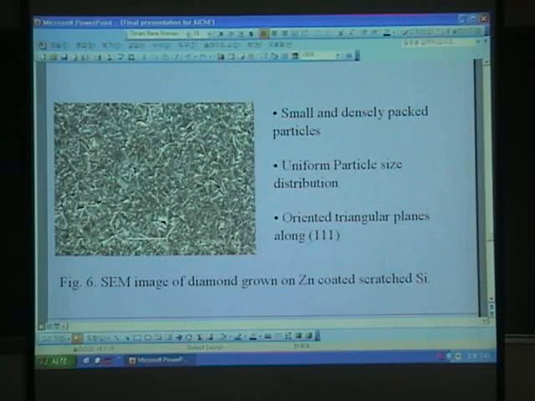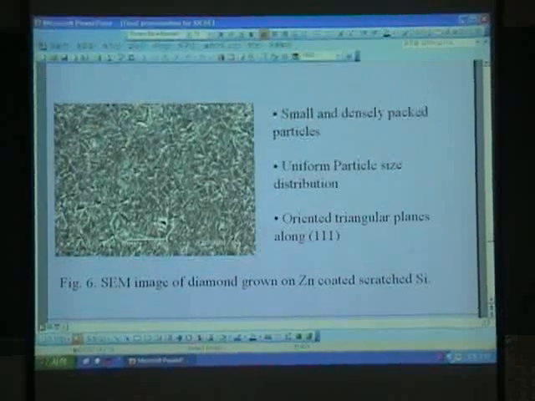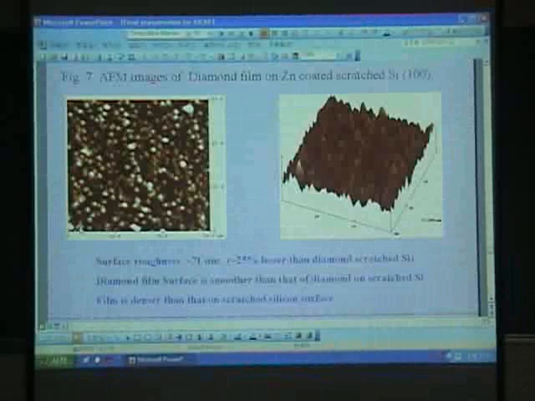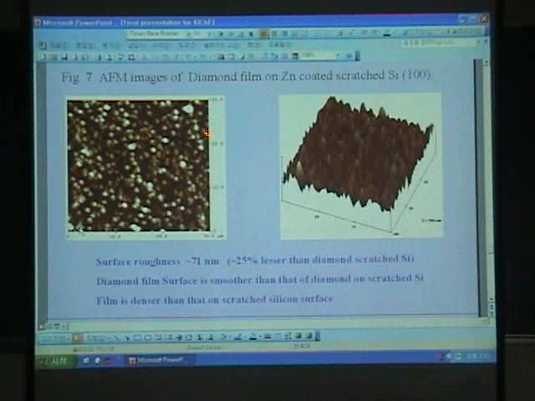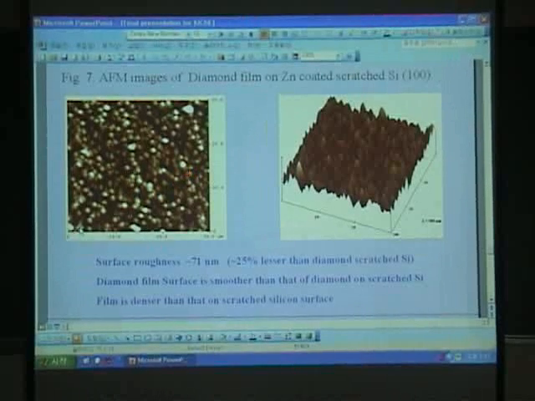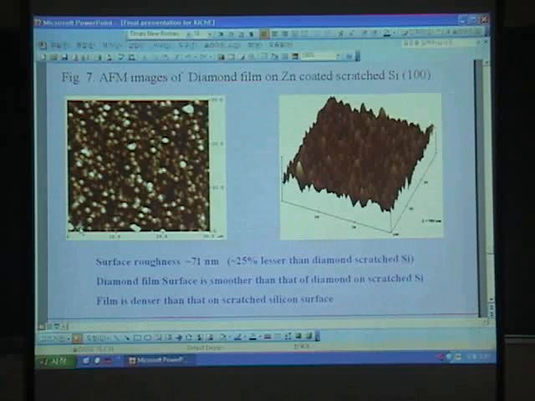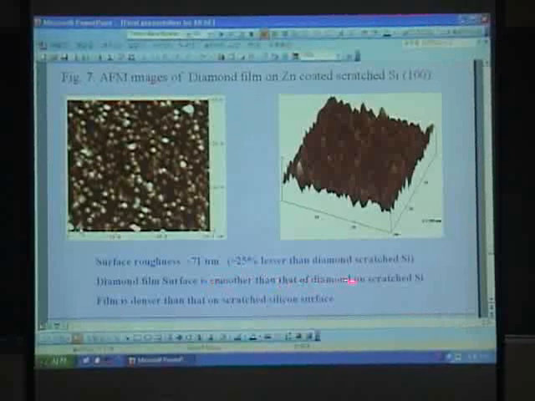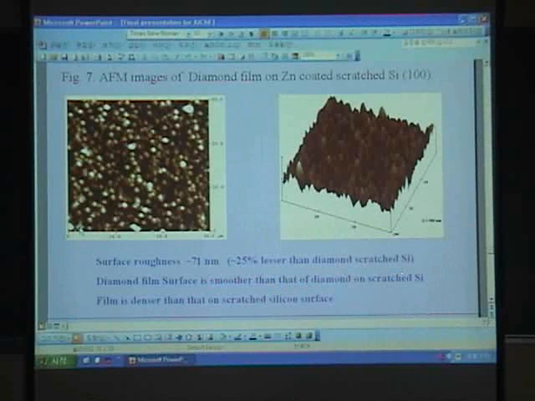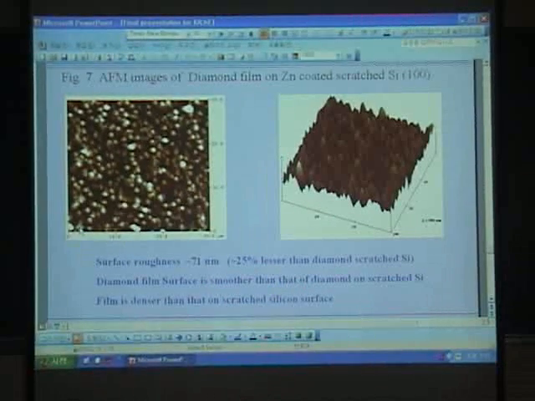In the AFM image for that sample, we can see the morphology, the roughness is 71 nanometers and the particle size is below 1 micron. So here the diamond film surface is smoother than that of diamond on scratched silicon, and the film is also denser.